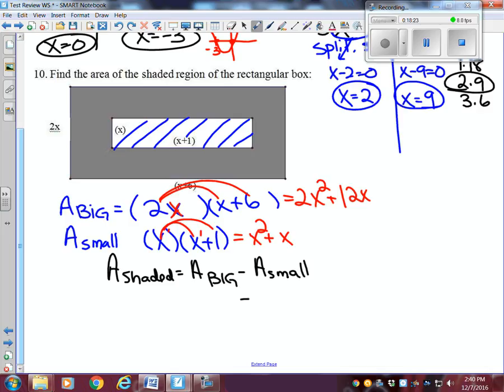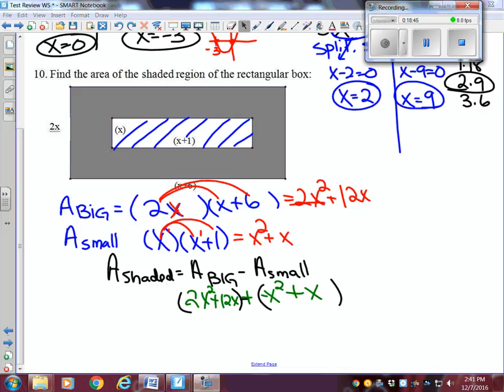And when I subtract, I'm going to subtract an expression away from an expression. So if I take 2x squared minus x squared, remember I'm going to change the sign of this, and that's going to make that negative. All right, don't want to get too far ahead of myself.